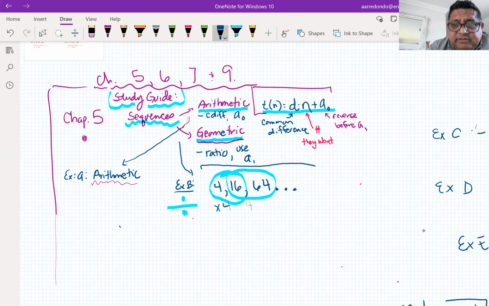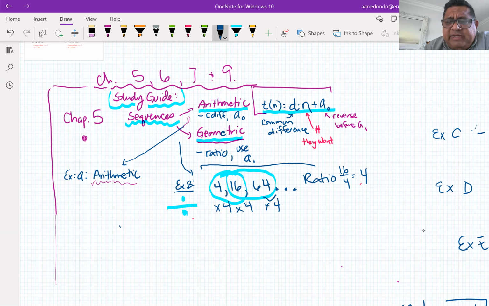So we found what's happening. We're multiplying by 4. And that's the common ratio. The ratio is 16 divided by 4. I know that piece.